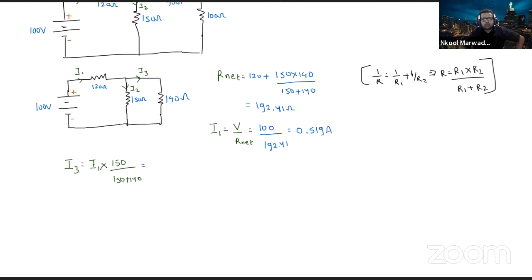I3 is 0.519 into 150 upon 290. And when you solve it, you will get the final answer.